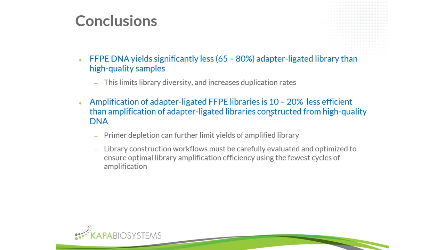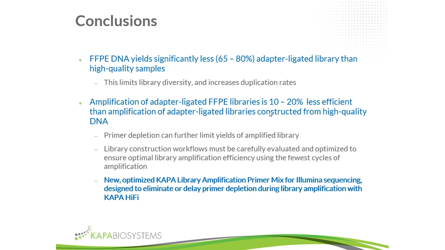For the FFPE library, there will be a number of molecules that are oxidized, deaminated, or have other molecular damage that prevents a library molecule you did manage to put adapters on from being amplified. But from the second cycle of the PCR, you're amplifying good quality DNA. So you lose some of the diversity during the first cycle, but from that point onward, amplification efficiency proceeds very well, even for FFPE libraries.